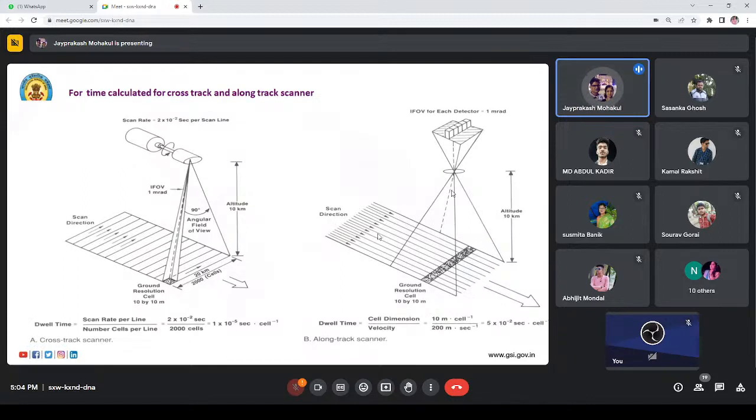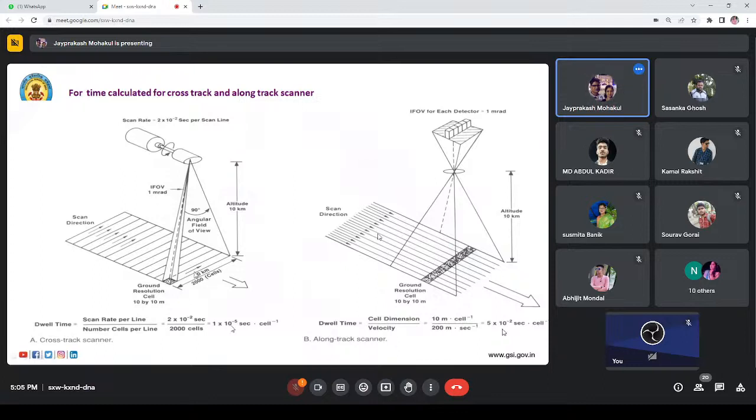This is just a comparison of dwell time. The dwell time of the detector upon a ground cell is 1 into 10 to the power minus second per cell, whereas in case of linear imaging, it is 5 into 10 to the power minus 2. So that is the difference.